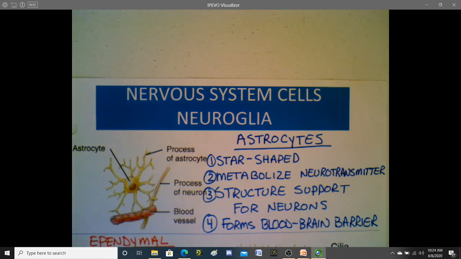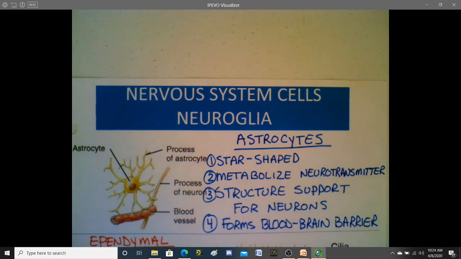Now, the blood-brain barrier doesn't stop everything from moving into your brain. Astrocytes, for example, cannot prevent alcohol molecules from moving into the brain. And so alcohol will be floating through the bloodstream. They will get to the brain, and they can actually sneak through the blood-brain barrier and go around those astrocytes.